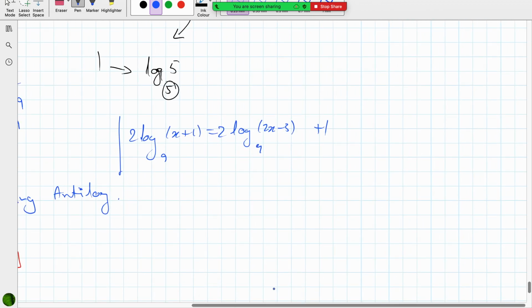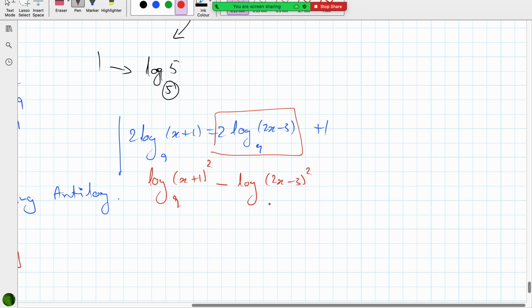Now I'm simplifying it and we'll compare if we get the same equation. Now this becomes log of (x plus 1) whole square to base 9, and I'm bringing this to left hand side along with simplifying it. So this is log of (2x minus 3) whole square to base 9 is equal to 1. Any confusion till now?